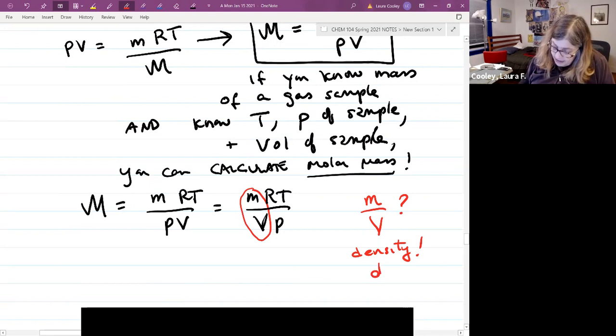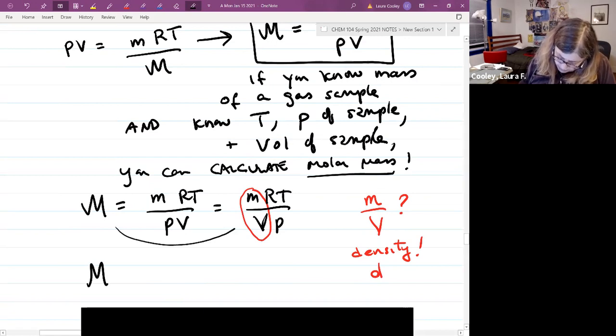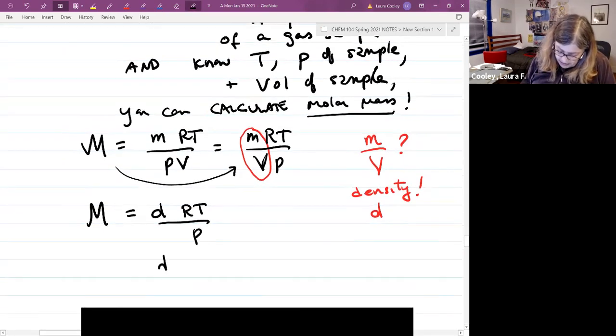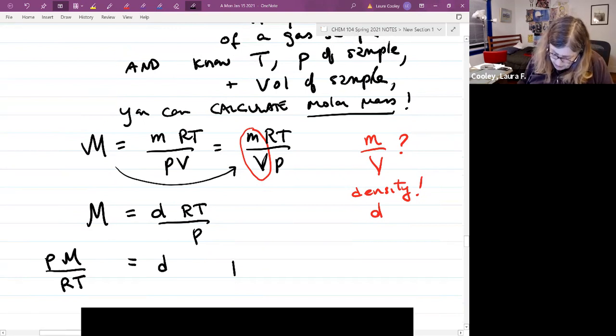So that's actually D for density. So what I have is that the molar mass, I'm going to go straight to this one, is DRT over P, where D is the density. So that the density is PM over RT. Or sometimes I write it as PM equals DRT.